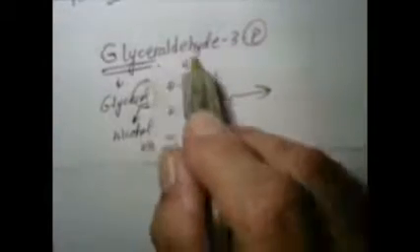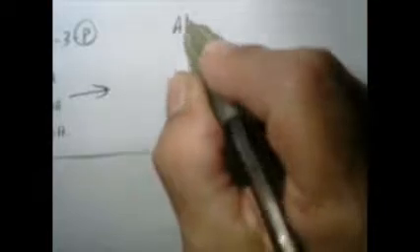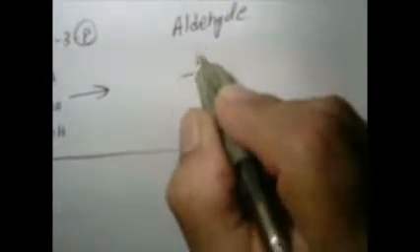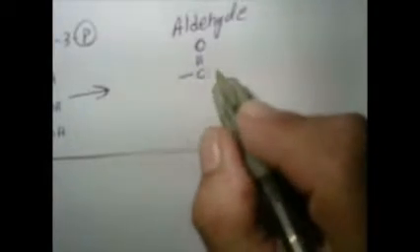So here's our glycerol. But we're not drawing glycerol here, we're drawing a glyceraldehyde. So how do we turn this into an aldehyde? Well, an aldehyde looks like this. It's got a carbonyl carbon and a hydrogen.